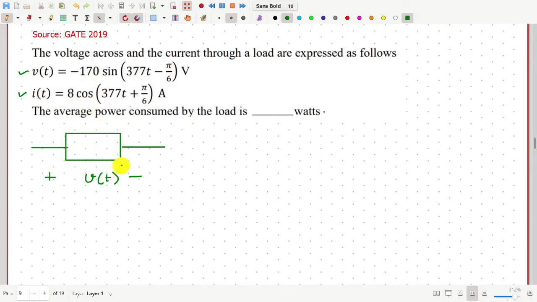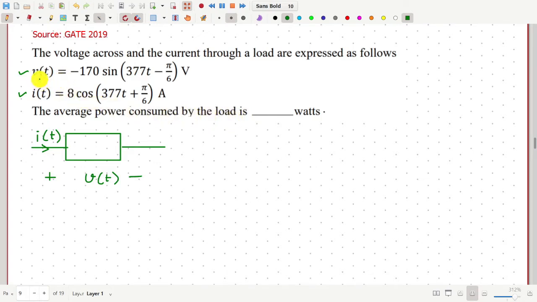Since no diagram is given, let us by default assume that the current It is entering through the positive end of this voltage. We have to find the average power consumed by this load.